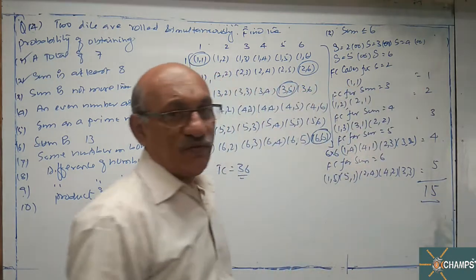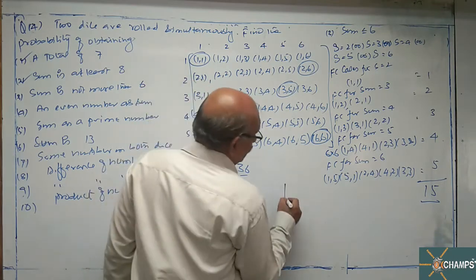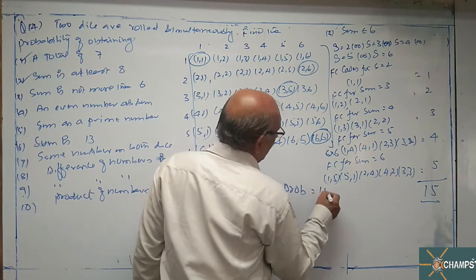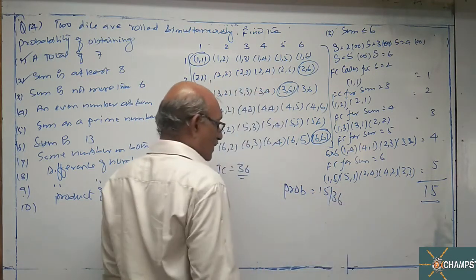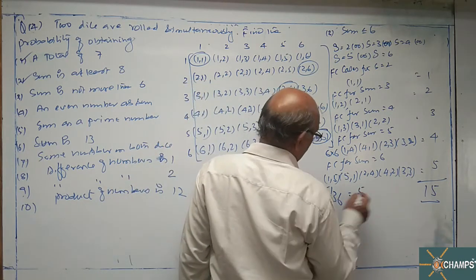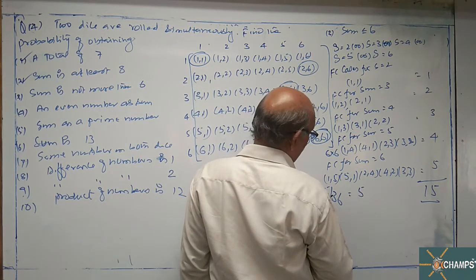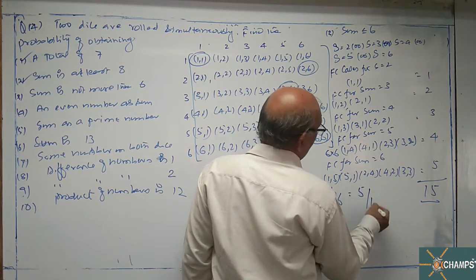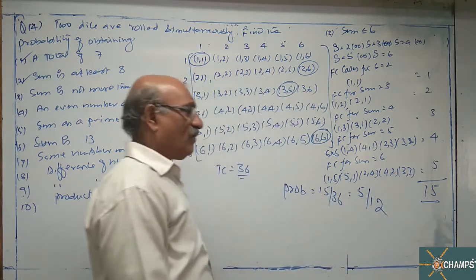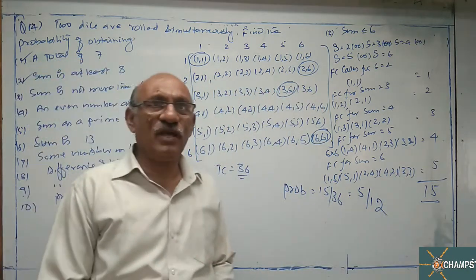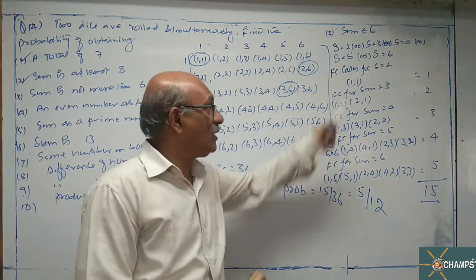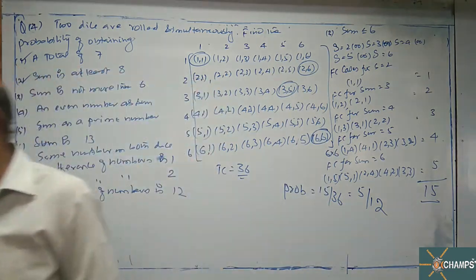Once again, total is 15. So, probability is equal to 15 by 36. Once again, 3 will go 5 times, 3 will go 12 times. 5 by 12 is the answer. Okay, sir? Note down the solution.